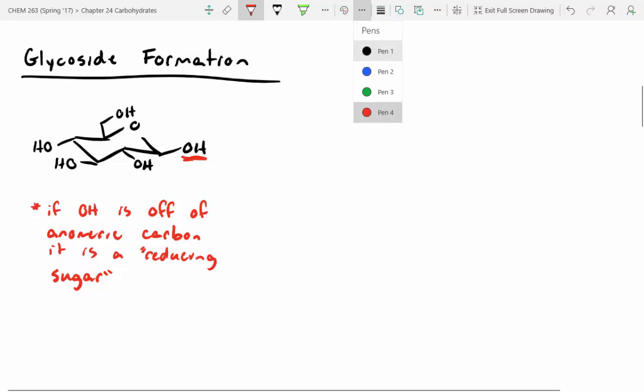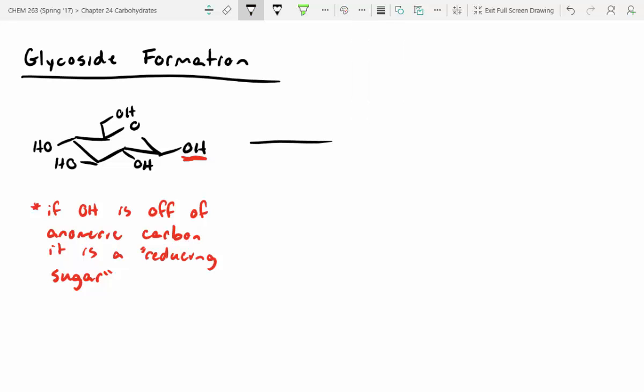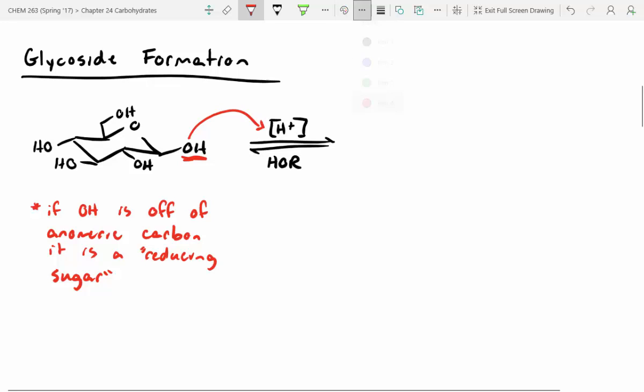So let's do a simple reaction where we have catalytic acid and an alcohol. So instead of water around, we've got an alcohol. So non-aqueous conditions. First step is going to be protonation of that anomeric hydroxy group.